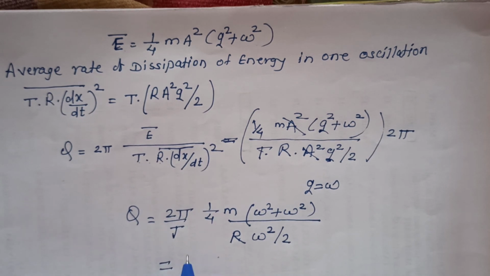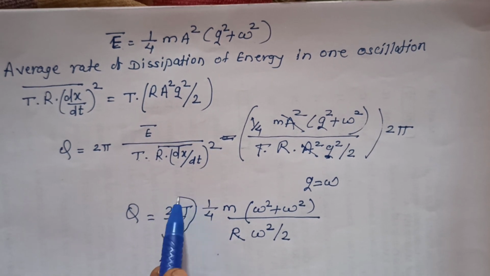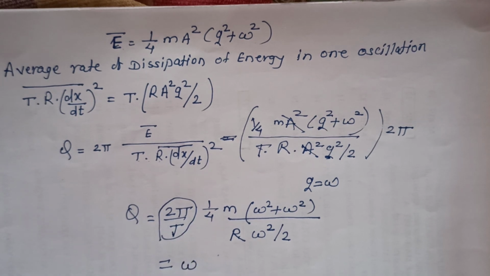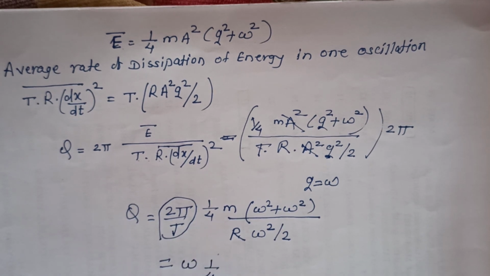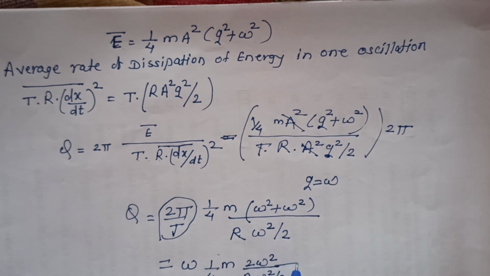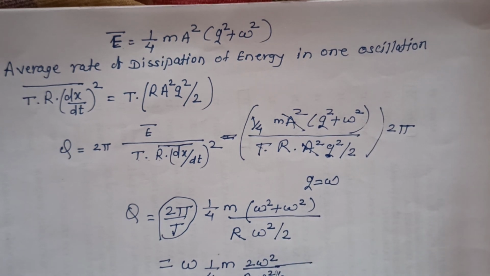That is equal to 2 pi upon T, that is omega, 1/4 as it is, m as it is, omega^2 plus omega^2, this is 2 omega^2, upon R omega^2, and here this divided by 2 as it is.